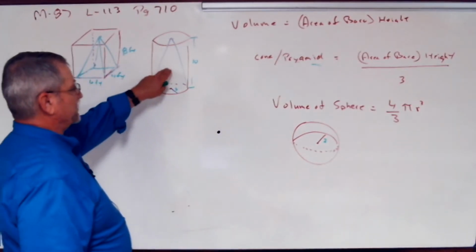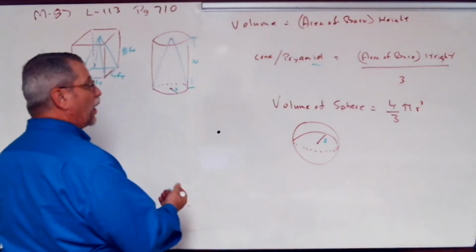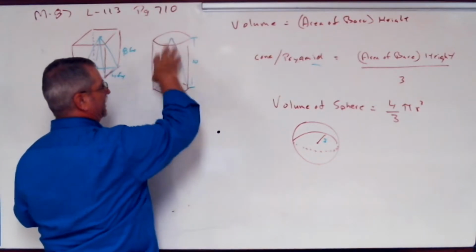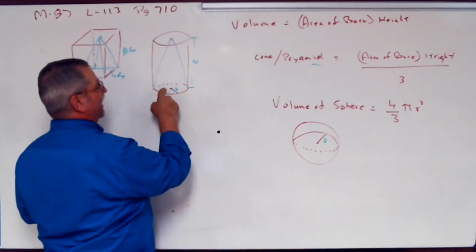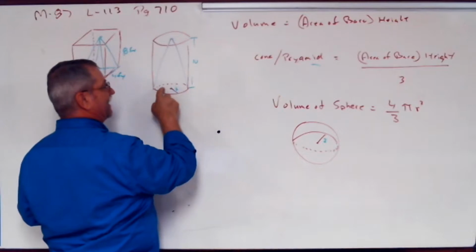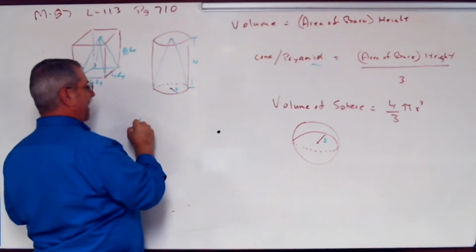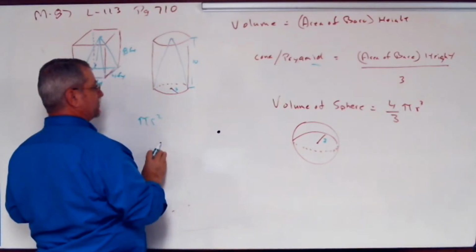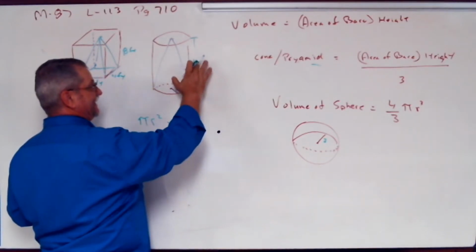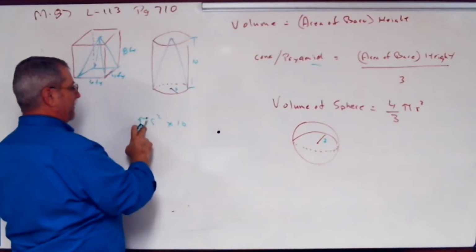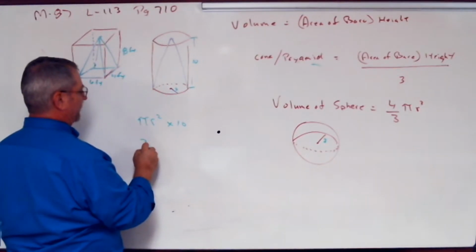All right, let's look at this one. I want to find the volume of the cylinder. Forget about the stuff inside. It's the area of the base times height. The base is a circle. Area of a circle is pi times radius squared, times 10, that's the height. Pi is 3.14.